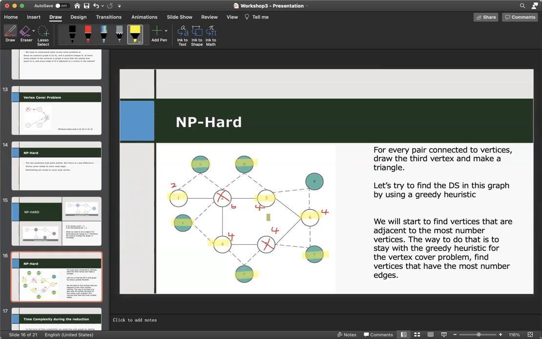As you can see from this graph right now, we only have one vertex left, which is this one, so I will also select this one for our dominating set. So right now, our solution is 2, 5, and this one, which makes k equal to 3. That's great. All right, let's continue.